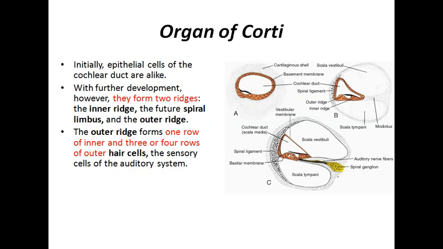Now the epithelial cells of the cochlear duct are alike, एक जैसे होते हैं, ठीक है? But with further development उसमें दो ridges बन जाएंगी.